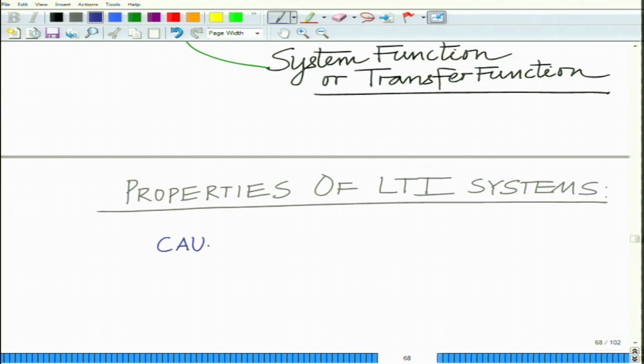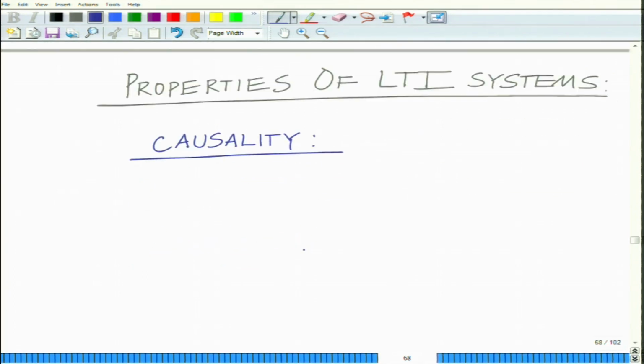The first property is causality. We want to consider a causal LTI system. So, an LTI system is a causal system if the impulse response is 0 for n less than 0, that is the discrete time impulse response h[n] is 0 for n less than 0, it is non-zero only for n greater than or equal to 0.